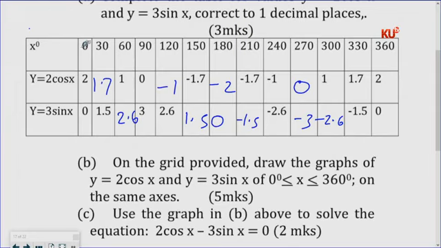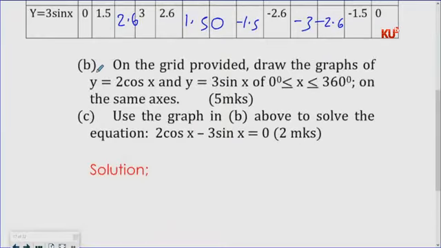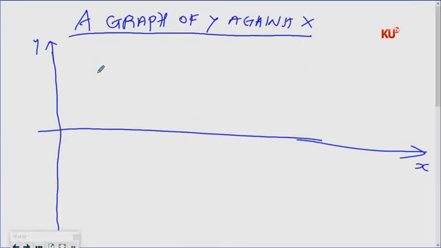So let's have 1 centimeter to represent 30 degrees. So I can have my 30 degrees, 60 degrees, 90 degrees, 120 degrees, 150, 180, 210, that is 240. We are adding 30, that is our scale.